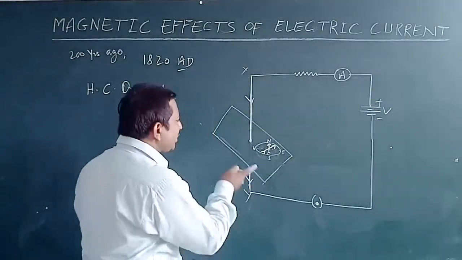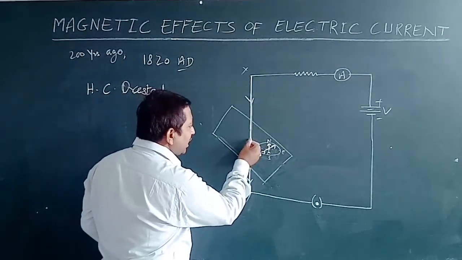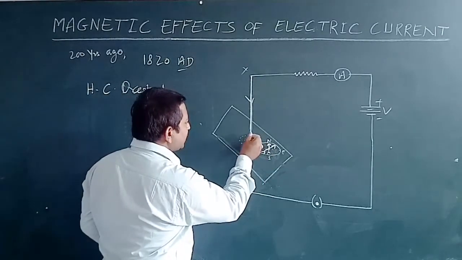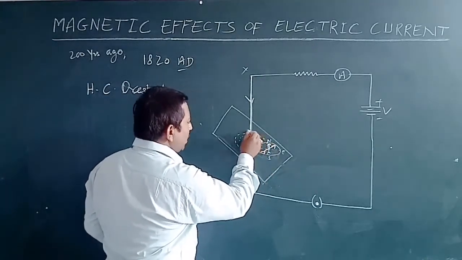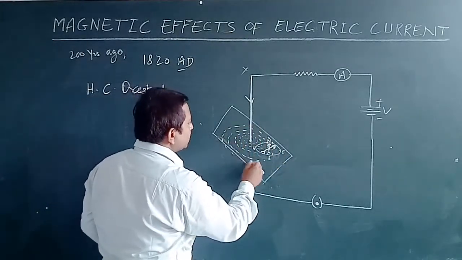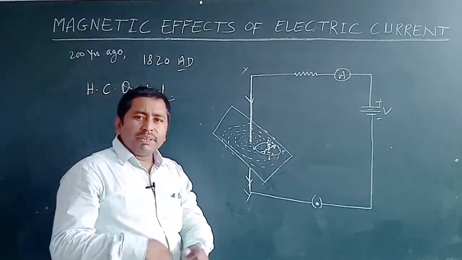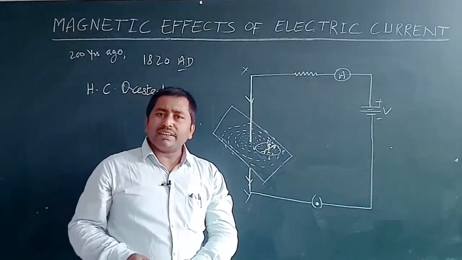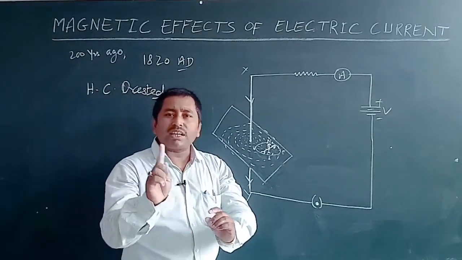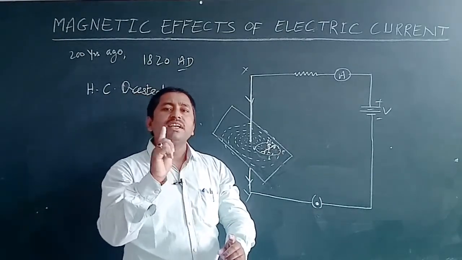So he tapped the cardboard gently, and he found that all the iron filings adjust their position like this and form concentric circles. By performing this activity, he concluded that the direction of the magnetic field forms a circular loop. It means the shape of the magnetic field is circular.